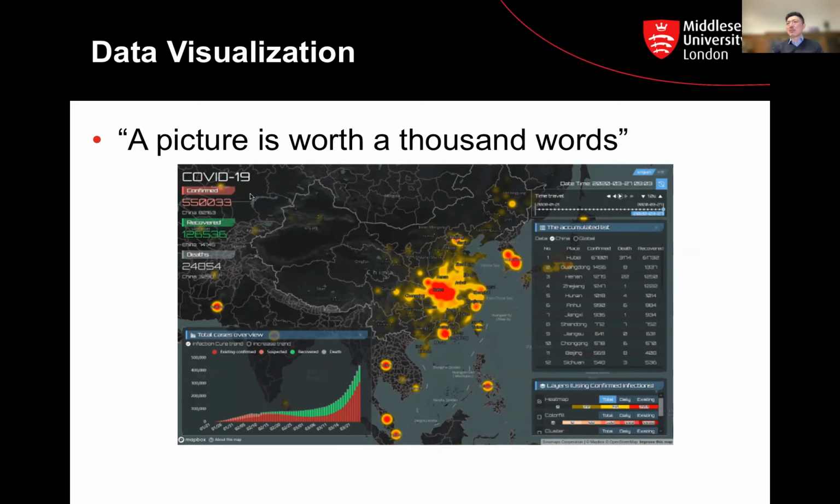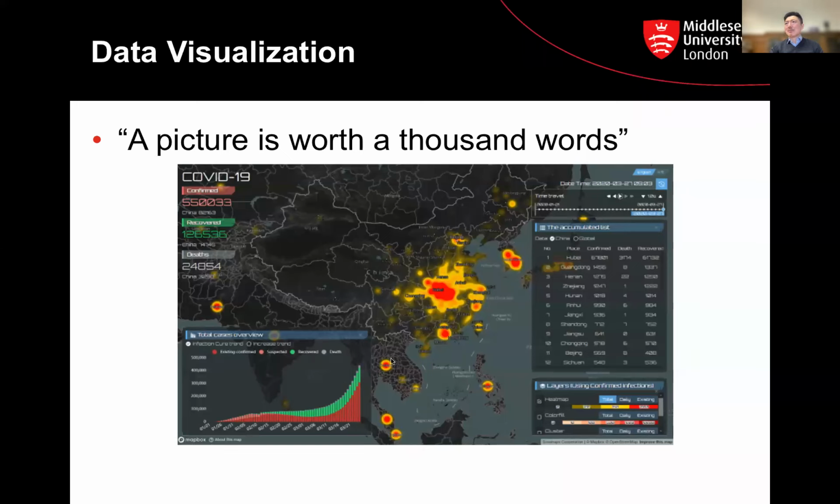You can see the map of China and where it has the most infections. The chart shows how the number of patients changed over time. It's possible to see this in a spreadsheet with numbers, but it's much harder to see the trend when you look purely at the numbers.